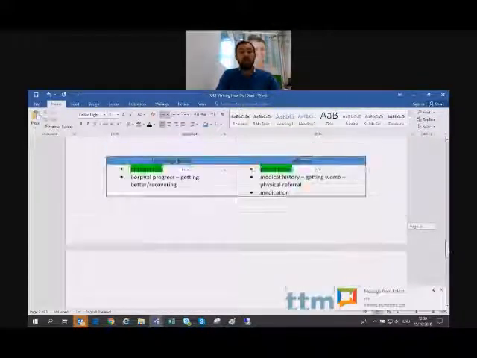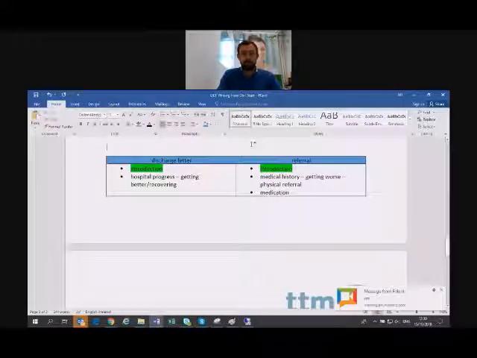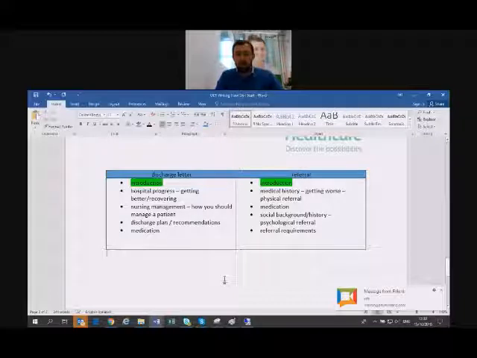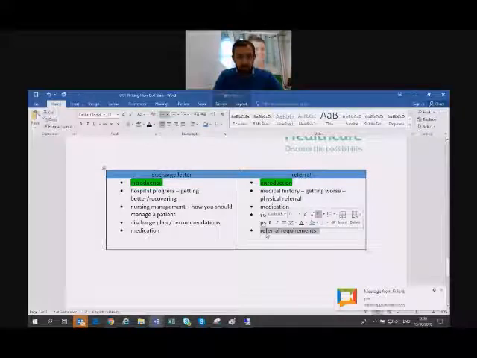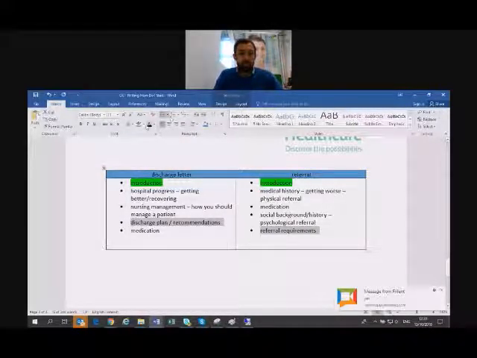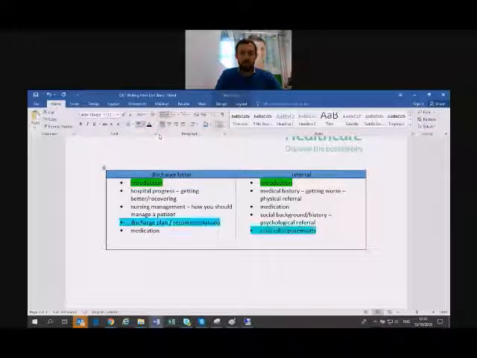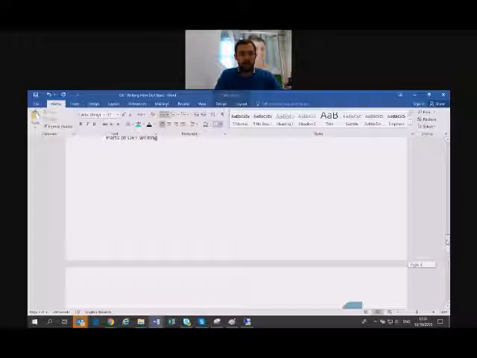So if we think about it, those actions are going to be here, aren't they? This is where we put them. If we make this, let's make that blue, and we'll make this part blue.